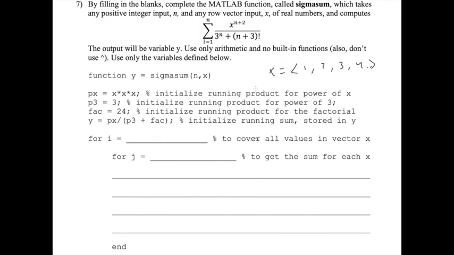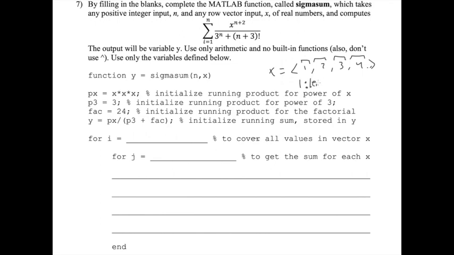If we want to cover all the values of x, we want to cover from 1, the first value, all the way till the final value of x. So we're looking at the amount of elements x has. To find that, we just say length of x. That will tell us how many elements are in there, and therefore we know when to stop counting.